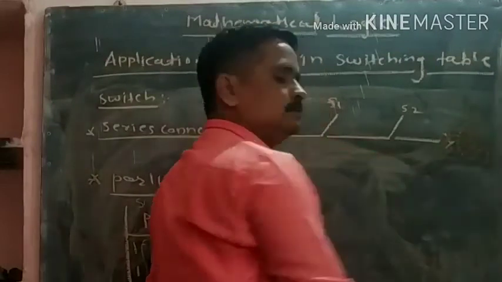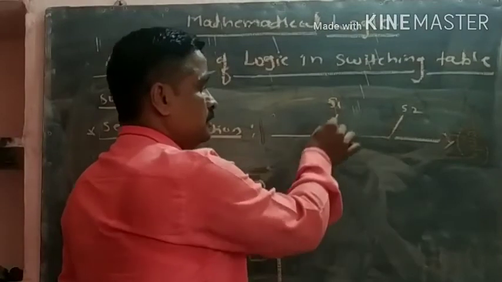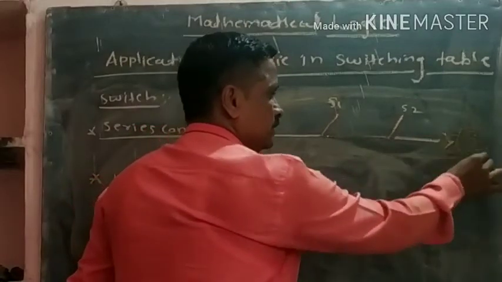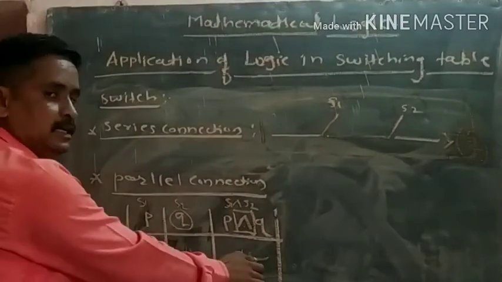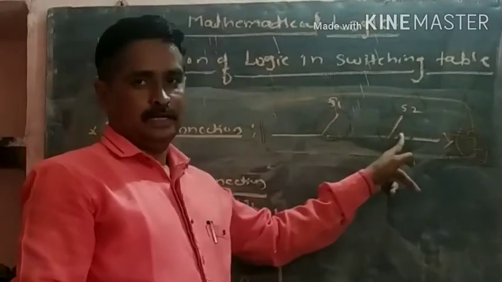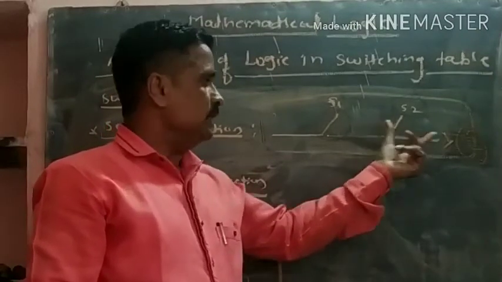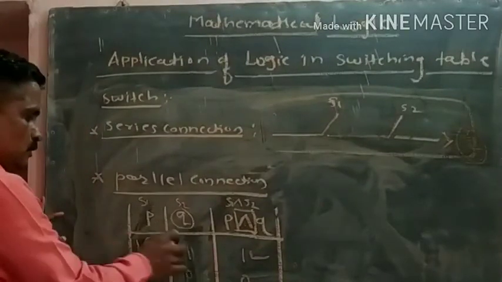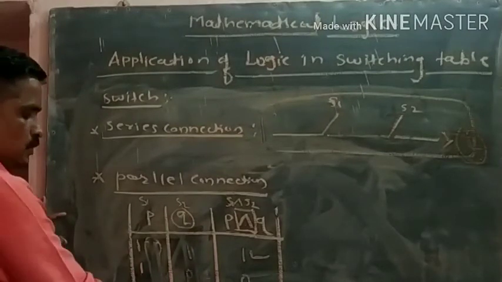If it is connected in series, if S1 is closed and S2 is closed, the light will glow. That means P is 1, Q is 1, then the light will glow. If any one of the switches S1 and S2 is open, then current will not flow. That means P is 1, Q is 0, the output is 0. P is 0, Q is 1, the output is 0. P is 0, Q is 0, the output is 0.